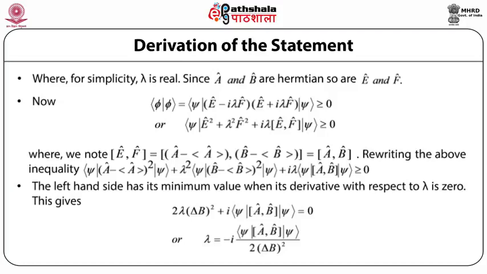Rewriting the above inequality in terms of the result that we have just derived, we can say that the bra vector state psi, bracket open operator A minus the expectation value of operator A bracket close whole square acting on state psi, plus lambda square times bra vector state psi, bracket open operator B minus expectation value of operator B bracket close whole square acting on ket vector state psi, plus iota lambda times bra vector state psi, commutator of operator A and operator B acting on the ket vector state psi, and this is greater than or equal to 0.